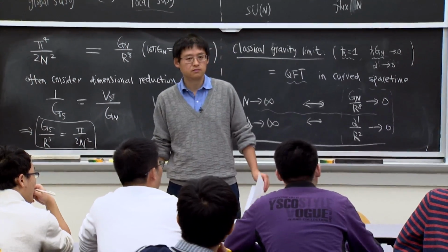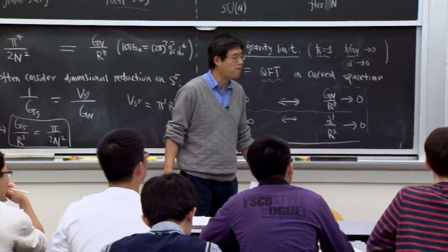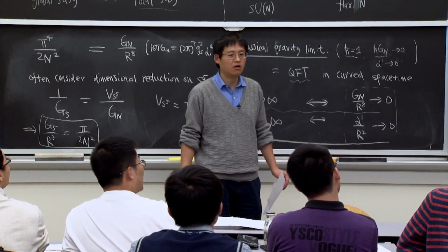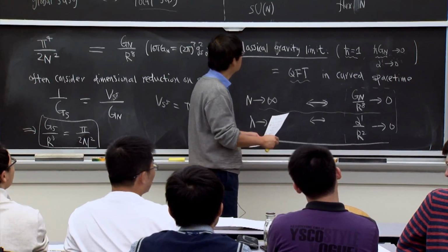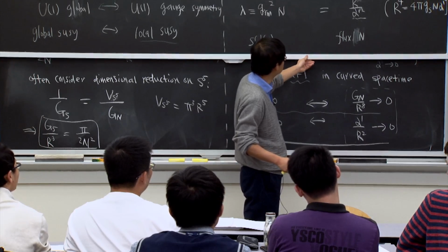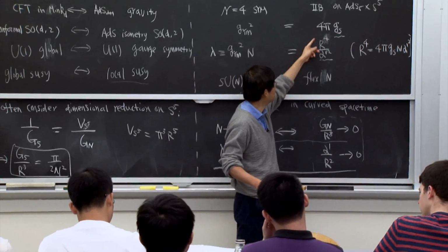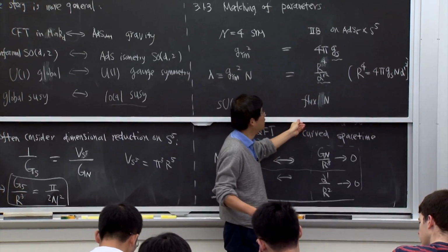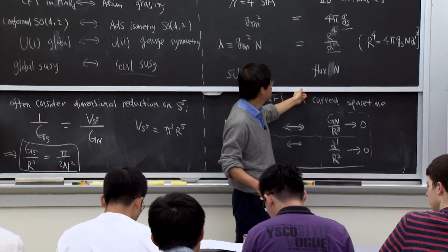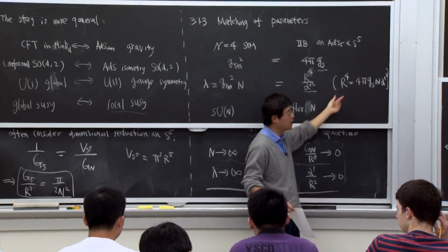Any questions? Yes? Doesn't small alpha prime over R squared mean large gs? No, that has nothing to do with gs. These are two independent parameters.